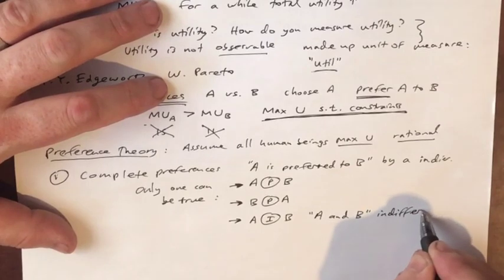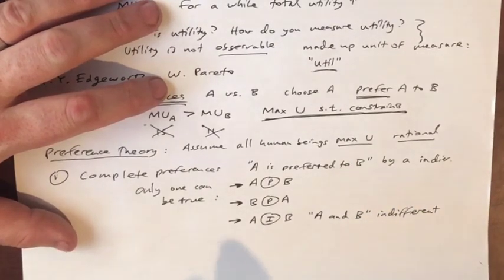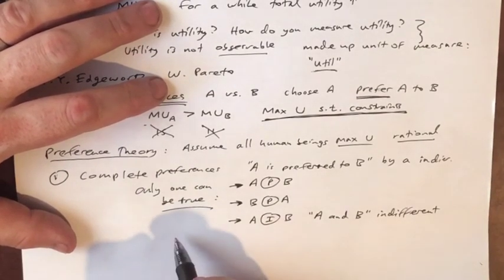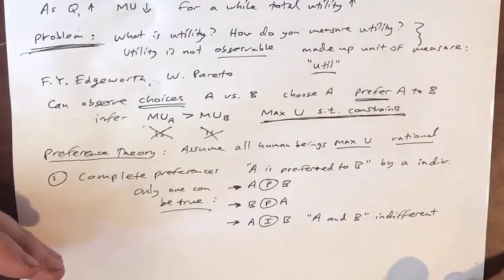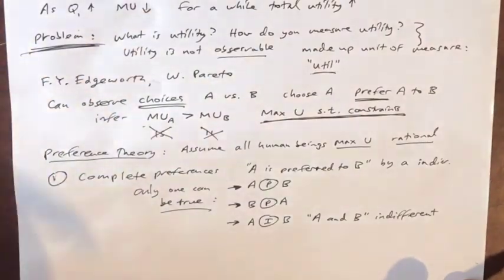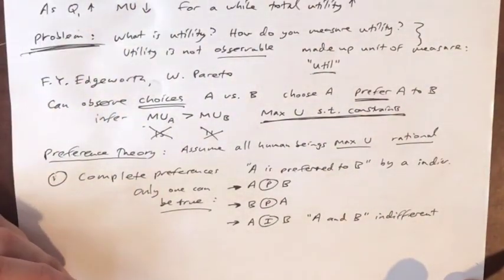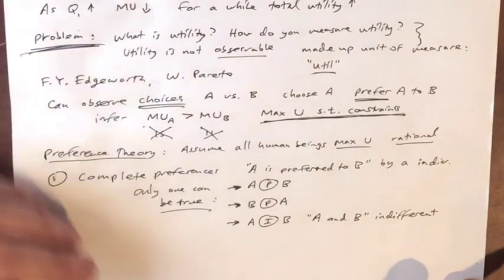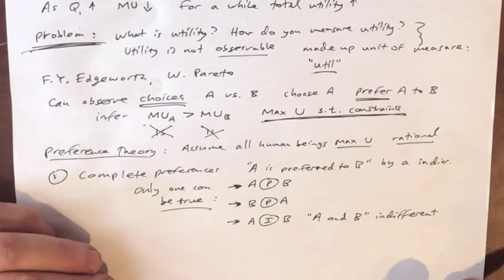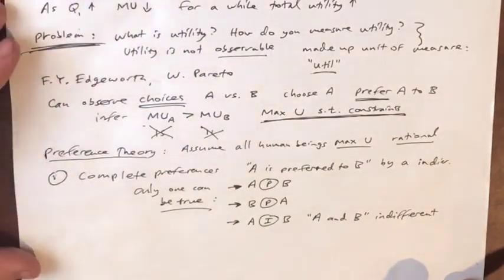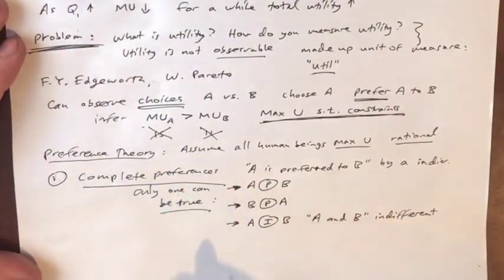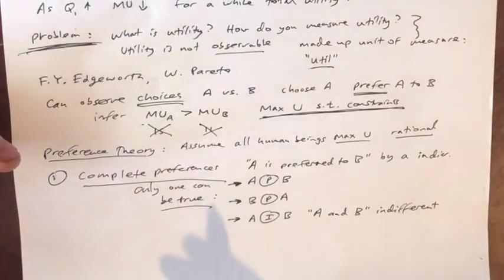So the I with the circle around it means indifferent between A and B, all right? Only one of these is true for any comparison, any choice, A versus B. It could be a good, a service, whatever it is. Do you go this way versus that way? You're going to prefer one of them or you're going to be indifferent, okay? And we can say that for every single situation, a person has complete preferences. It's like saying the person knows themselves.